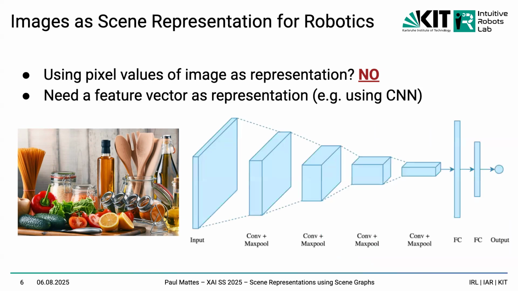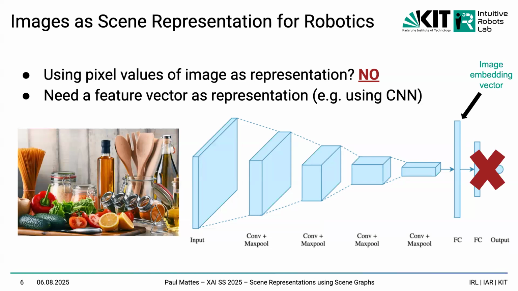So the easy solution is to use a network to get a representation which is usable for our robot. In this case, for images, very simple, a CNN. It could also be a vision transformer or anything that produces an embedding of an image. CNNs usually have some output at the end. We do not care about this output, right? I don't need to know if there's a cat in the image or not.